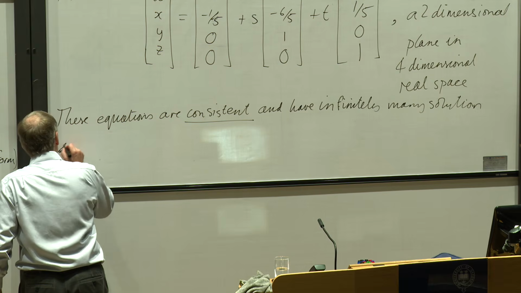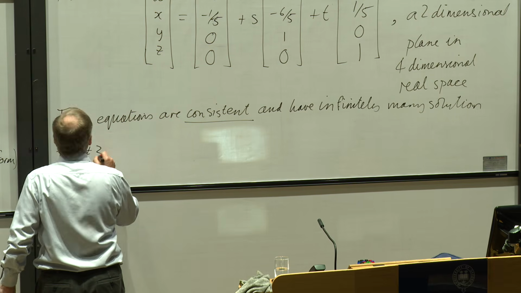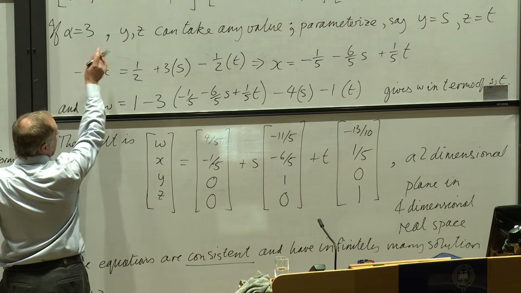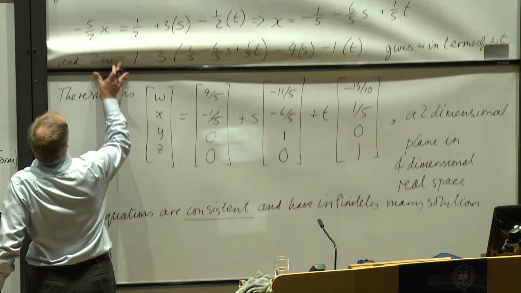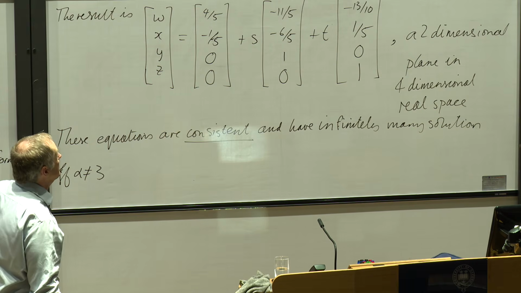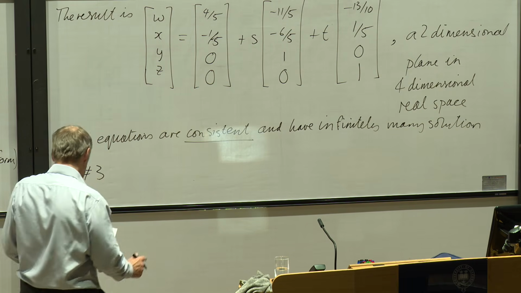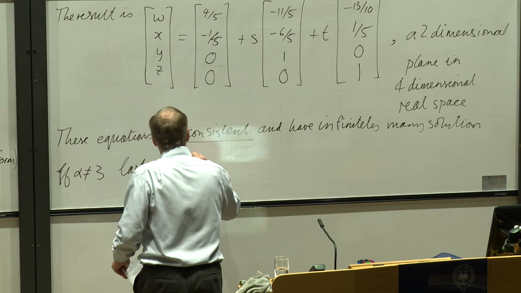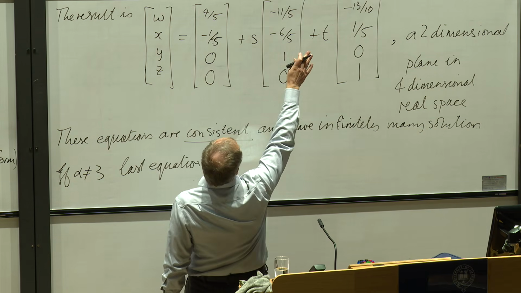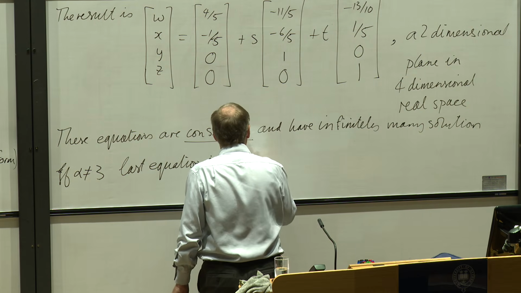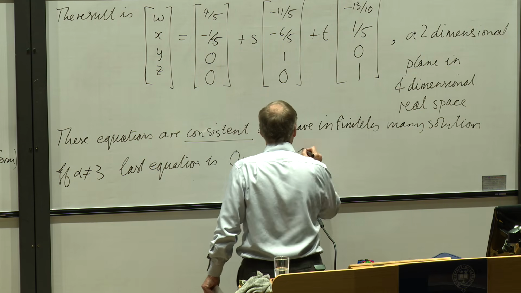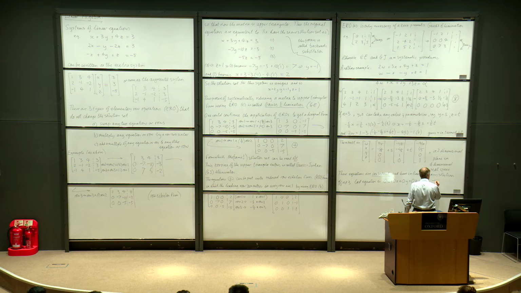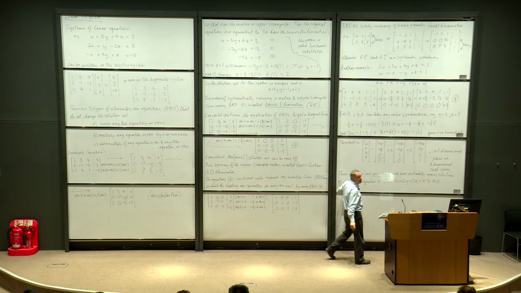On the other hand, if alpha is not equal to 3, remember all of this is predicated on if alpha was 3, then all this follows. But if alpha is not 3, the last equation, take it from equation star there, is 0 times w plus 0 times x plus 0 times y plus 0 times z is equal to alpha minus 3, and alpha minus 3 is then not 0 if alpha is not 3.